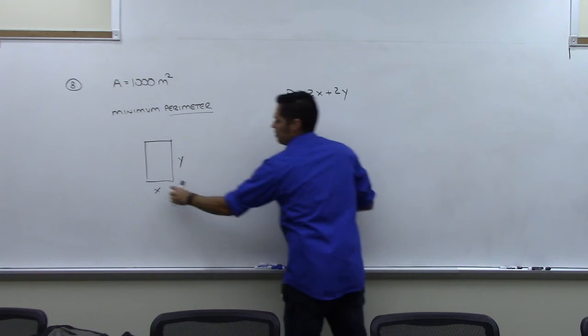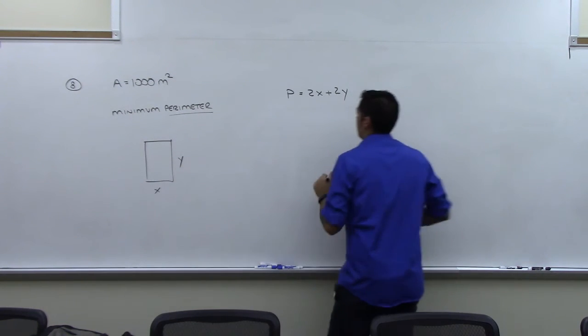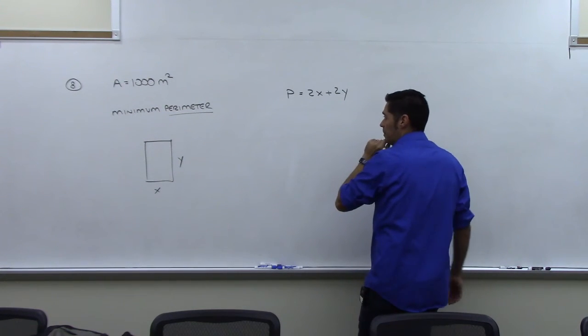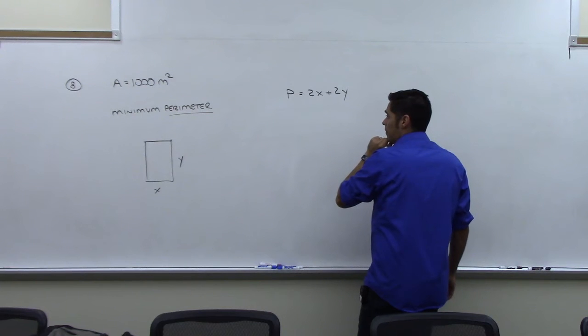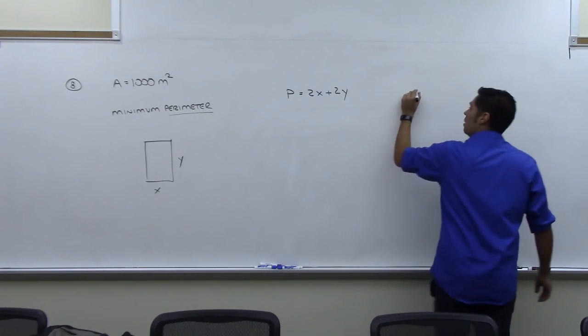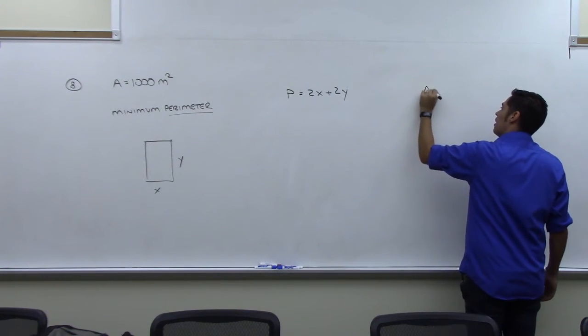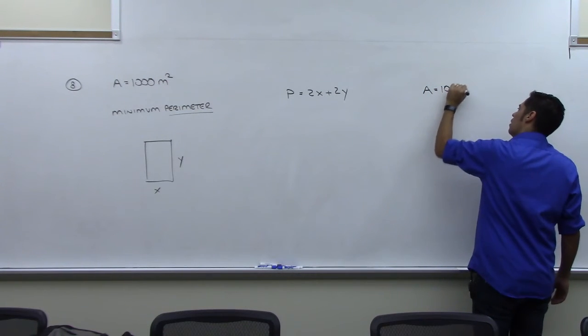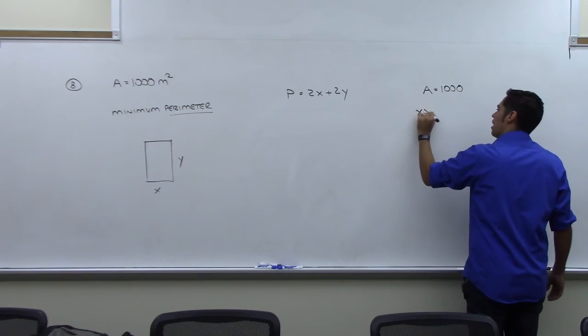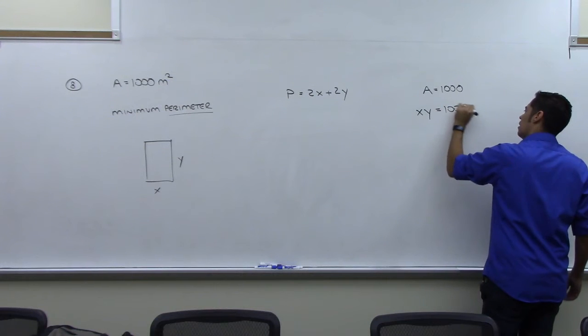That's our distance around it. And we want this to be the smallest it can possibly be. But we're constrained. Our constraint is that the area is 1,000. Area of that rectangle is x times y is 1,000.